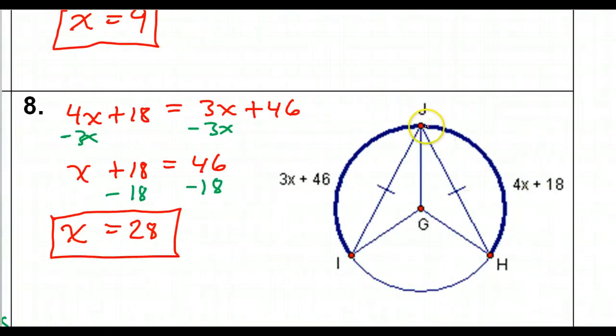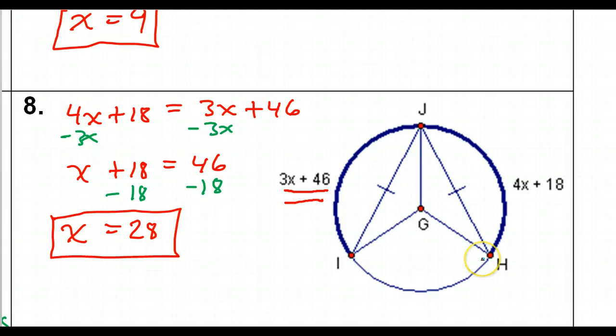Okay, well, arc JI gets its measure from this expression, 3x plus 46. So let's look at that. The deal is, now we know what x is.